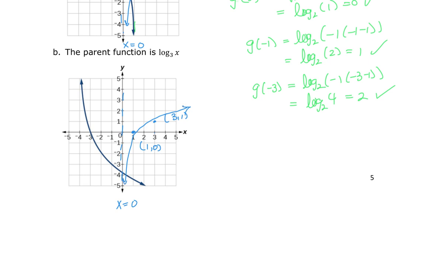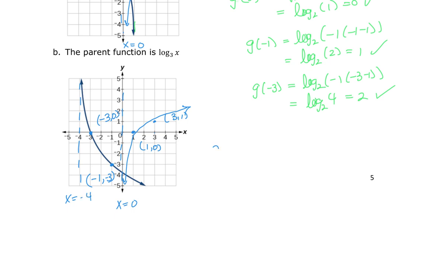Now it looks like the point 1, 0 went right here, which looks like it's 3, 0. And I have 3, 1, excuse me, this is negative 1, negative 3. I know that point for certain. And my vertical asymptote here has moved to x is equal to negative 4.